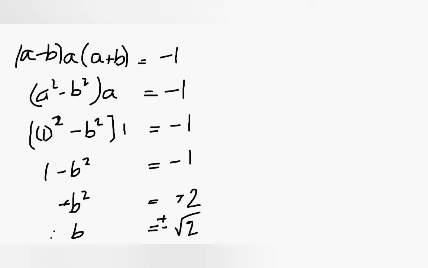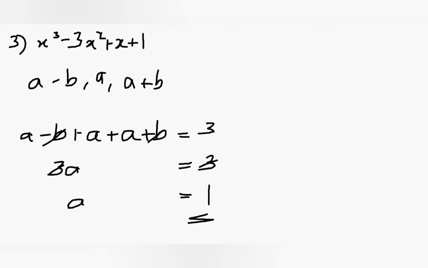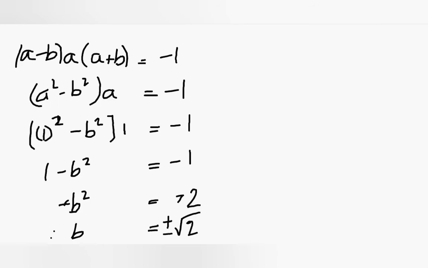So the answer is plus or minus root 2. So here a is equal to 1, and b is equal to plus or minus root 2. Now this question is done.